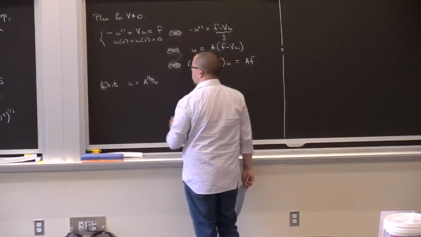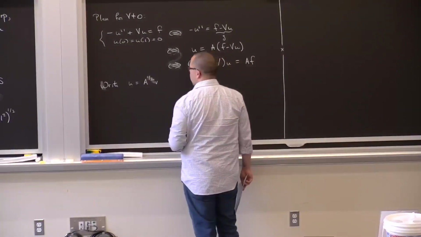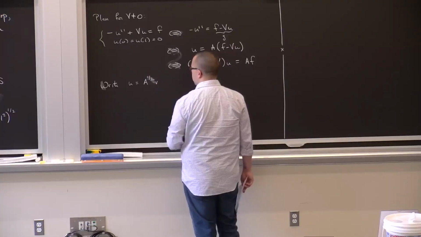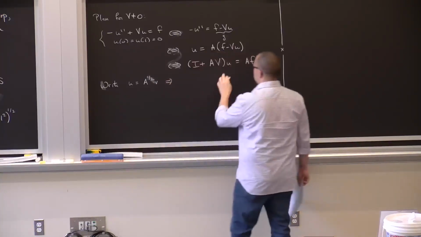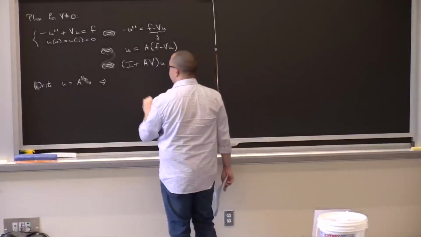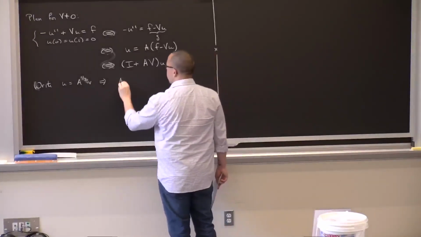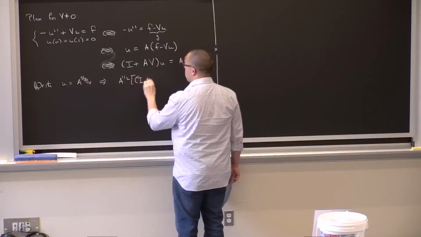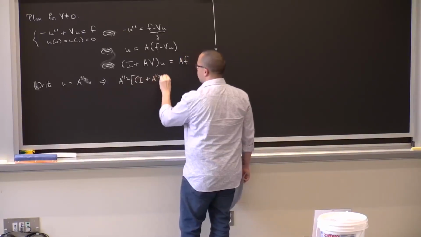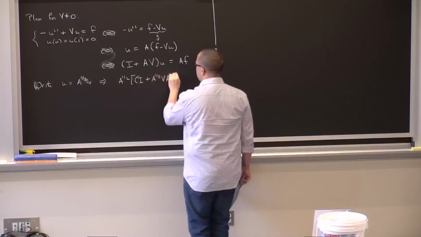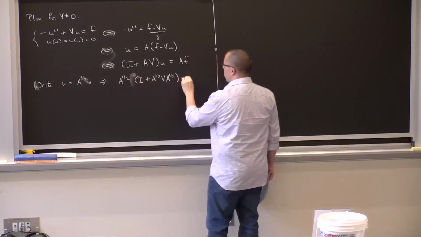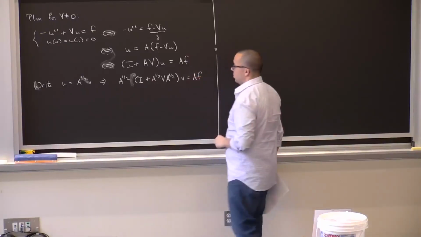Again, formal stuff, so write u as A to the 1/2 applied to w, where now w is the thing we solve for. And if we stick this into this equation here, we get A and pull out A to the 1/2 applied to I plus A to the 1/2 v A to the 1/2 applied to w equals Af.